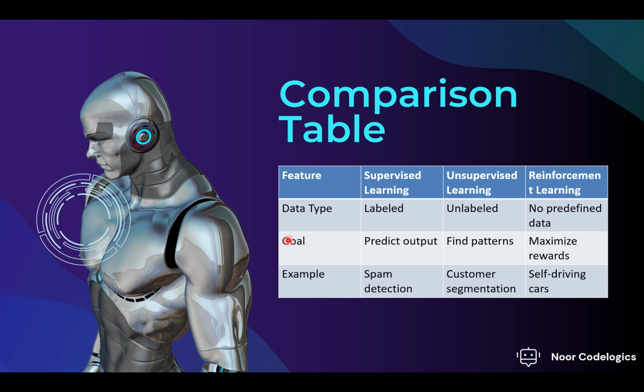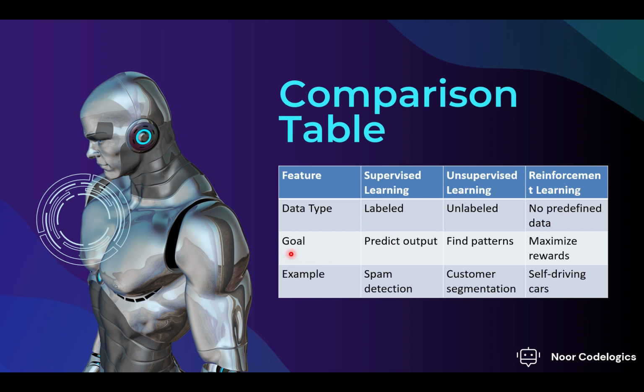Now here we have a comparison table so that we can give a little comparison between the three types of machine learning. For the data type, supervised learning uses labeled data, unsupervised learning uses unlabeled data, and reinforcement learning uses no predefined data, right?